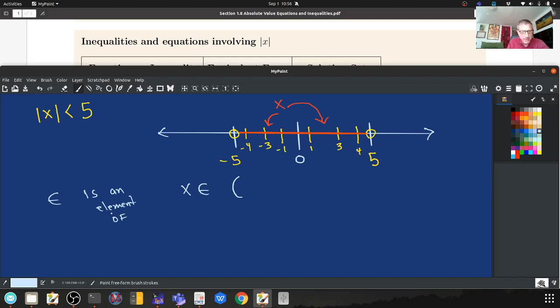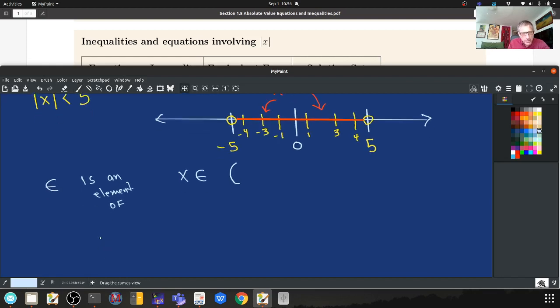You saw how long it took me to write is an element of, so we just read that. We don't try to pronounce it as E or anything like that. We just simply say is an element of. Or if we want to be really verbally lazy, we just say in. x is in, and what follows is always a set. x is in the open interval from minus 5 to 5.